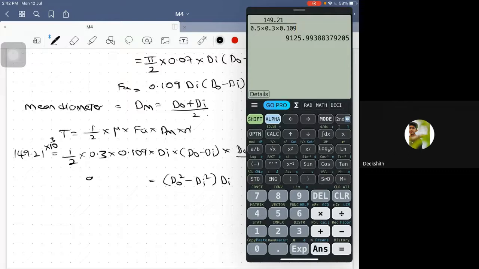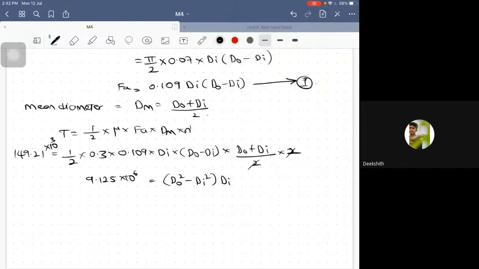Shall I write it as 9.125 into 10 to the power of 6? Is the value correct? From this, 9.125 into 10 to the power of 6, you know the value of D naught is 300 mm. So 300 square minus DI square into DI.